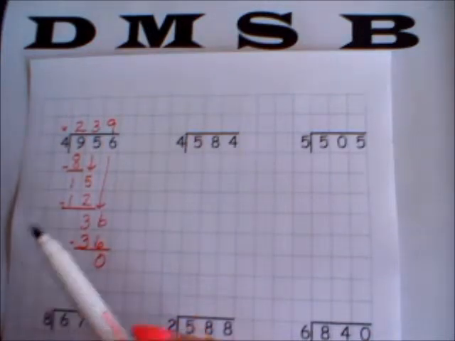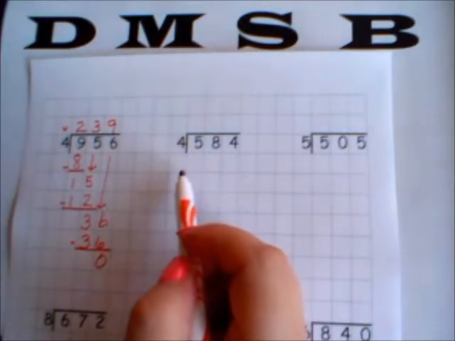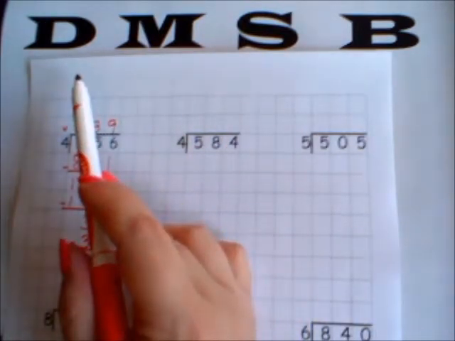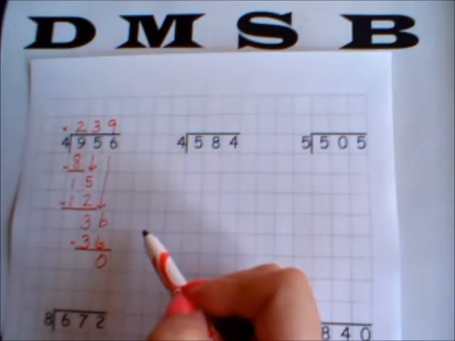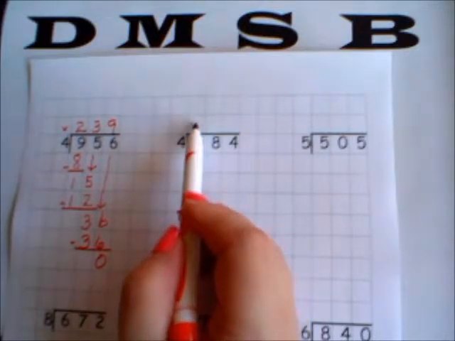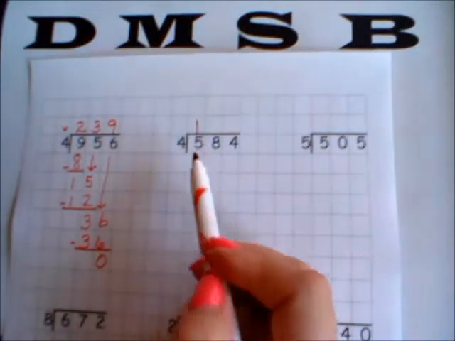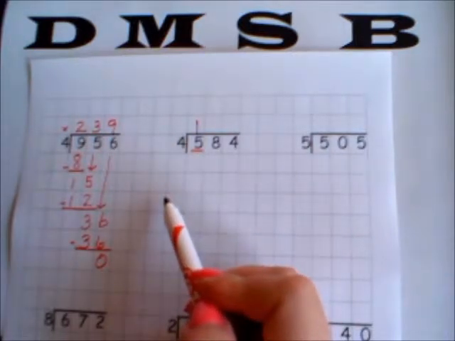Looking at our next problem, again, if I ask the division question, how many times does 4 go into 5? Well, 4 goes into 5 one time, so I'm going to put that number up here because the 4 is going into the 5.